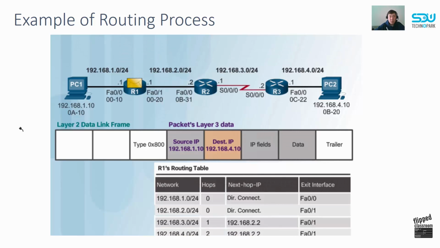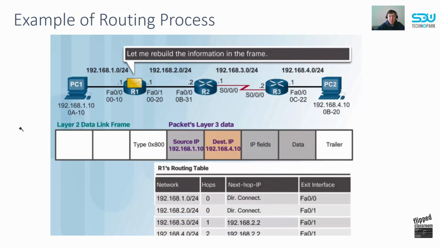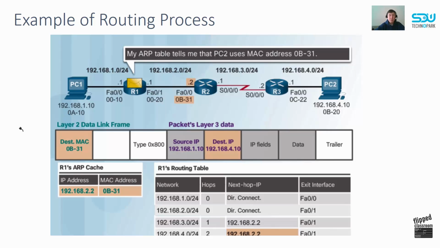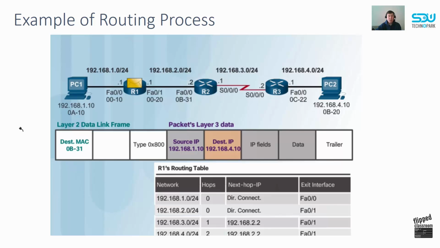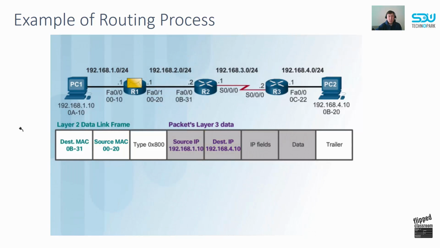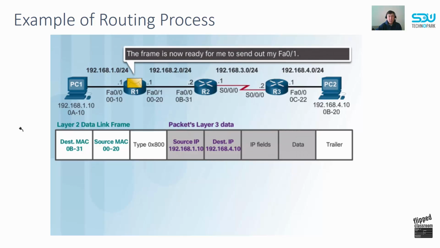Now router 1 has to resend this information to router 2, so router 1 will change the source MAC address to its own MAC address, like 0020, and the destination MAC address is going to be found by ARP. ARP says that the MAC address of router 2 is 0B31, and now router 1 will resend this information to MAC address 0B31, and router 2 will successfully receive it.